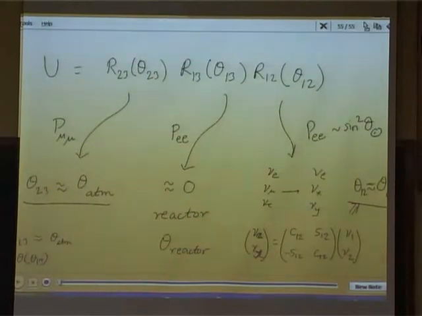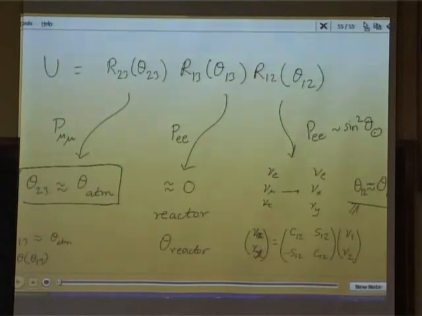People often say this, but then they forget that it's not an exact equality. The difference is proportional to theta 1 3. This 0.05 on sin square theta 1 3 is the current bound, corresponding to the experimental data we are getting from the experiment.